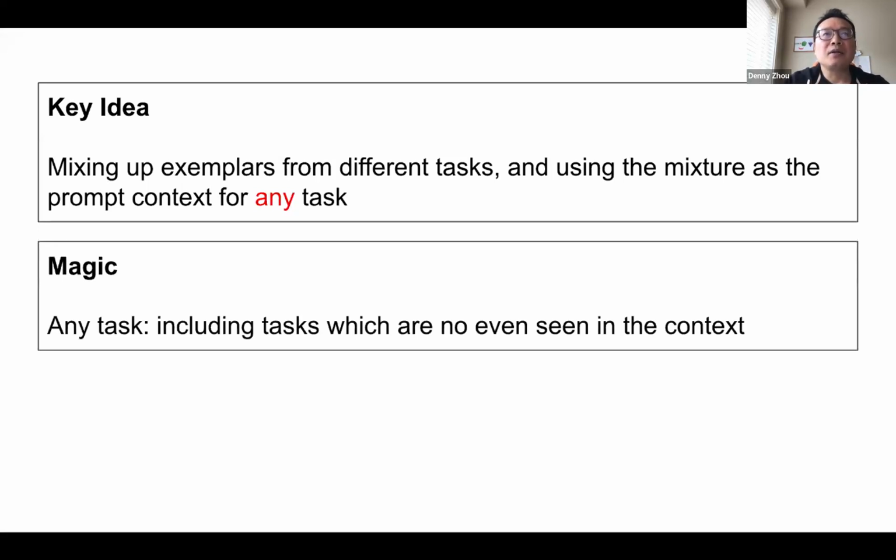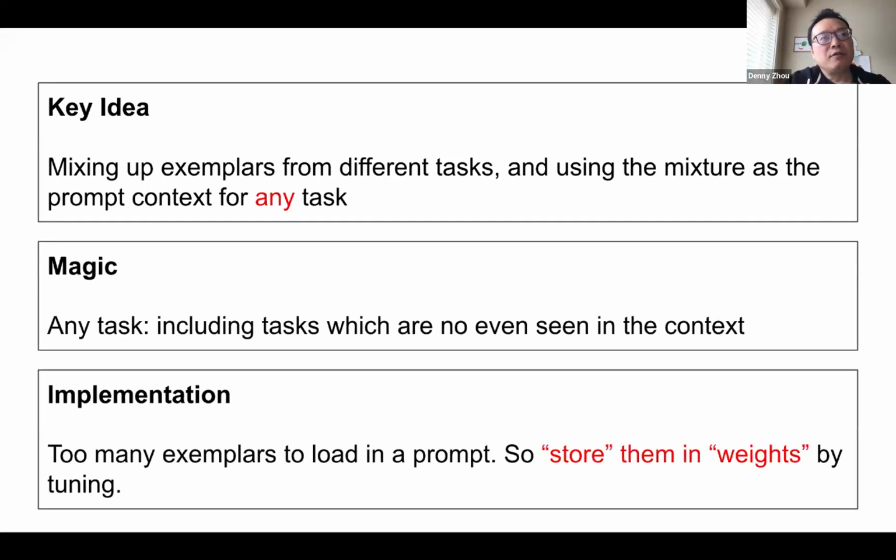Any task includes tasks which are not even seen in the context. Of course, if we just put all the examples in the prompt, that would be too many examples to load in the prompt. Usually we have a window size limitation. But that's not a problem. We can store them in weights by tuning. That's why I call it instruction tuning.